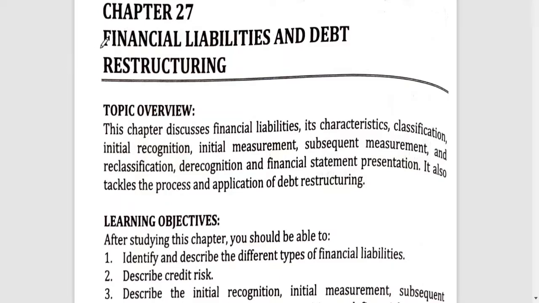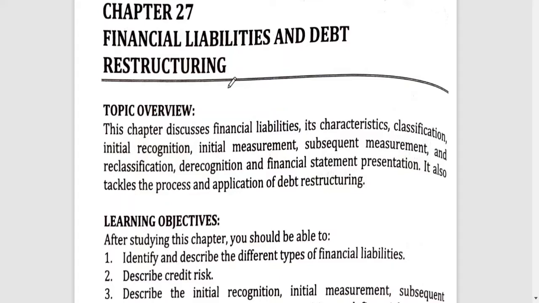For today, our lesson is about the financial liabilities, and in the later part, there will be discussion on debt restructuring. So, the lessons under this chapter are as follows. We have the basics of financial liabilities.